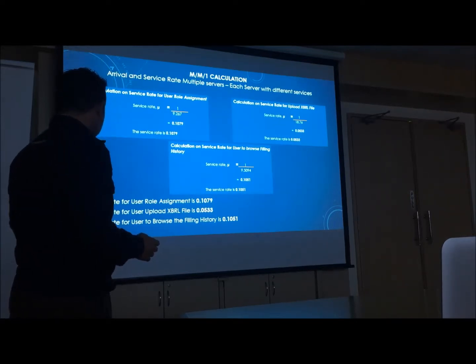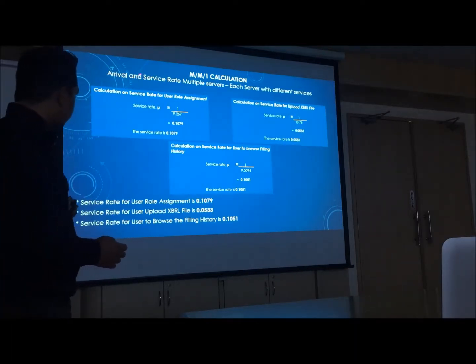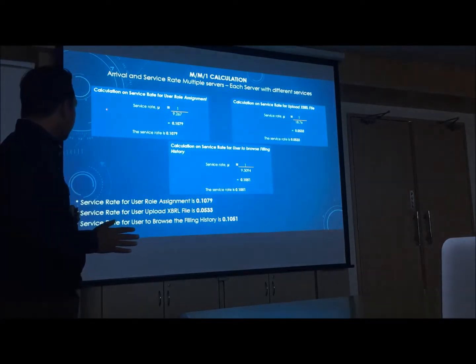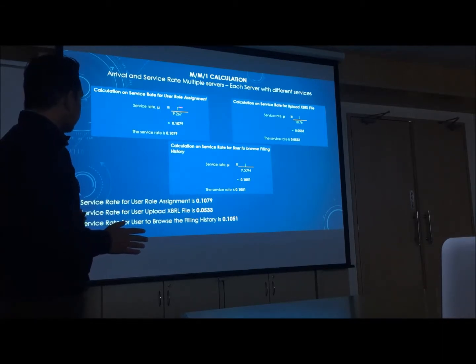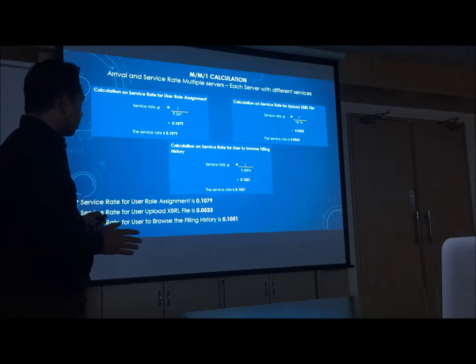So you can see this is the calculation for this service rate. This is a calculation on service rate for user role assignment, which the result we get is 0.1079.